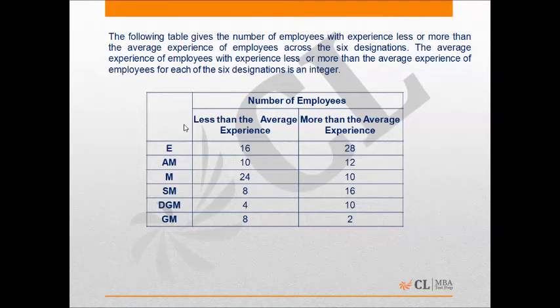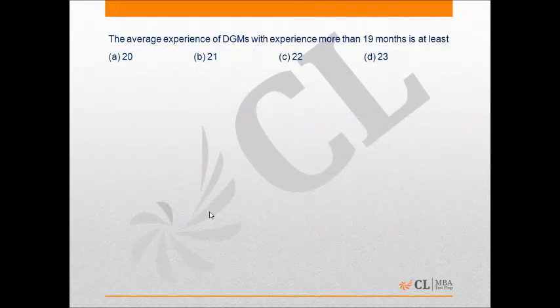Let the number of DGMs whose average experience is less than the average experience of DGMs be x, and that of those DGMs whose average experience is more than the average experience of all the DGMs be y.